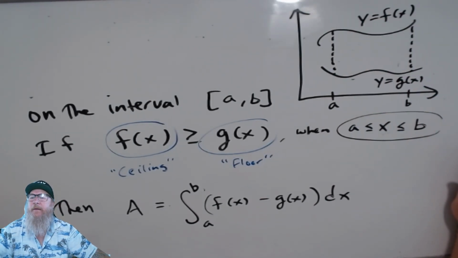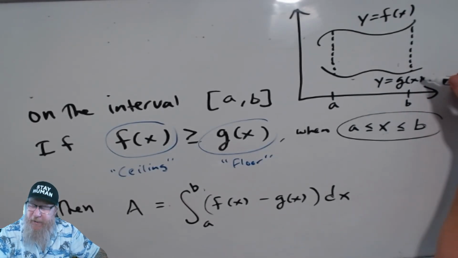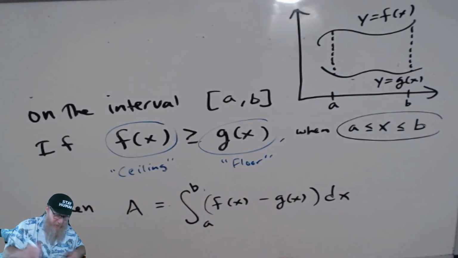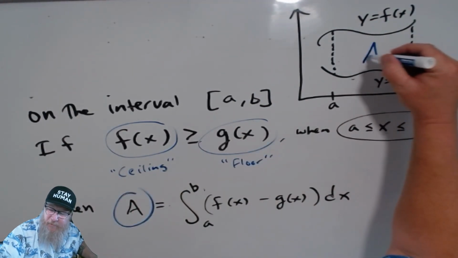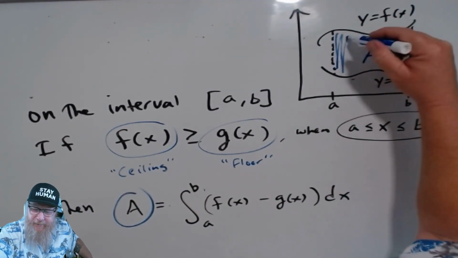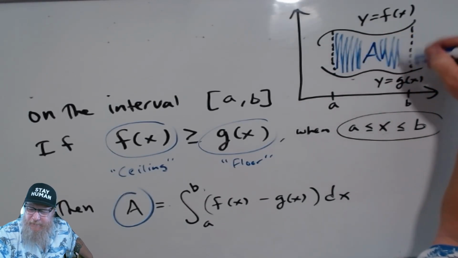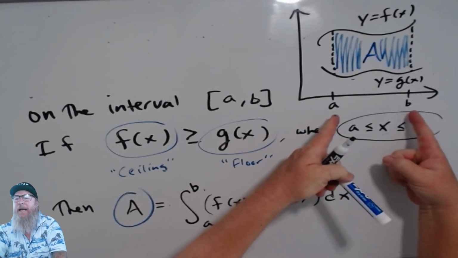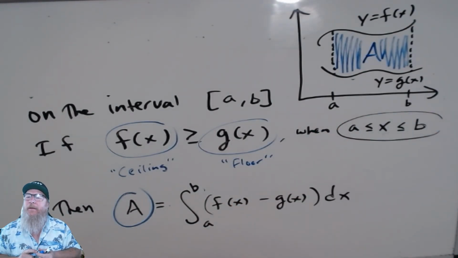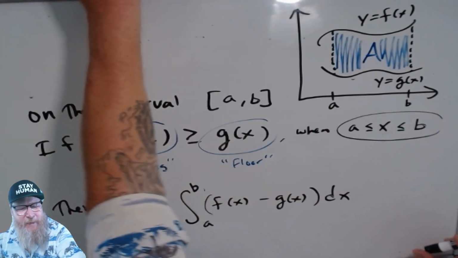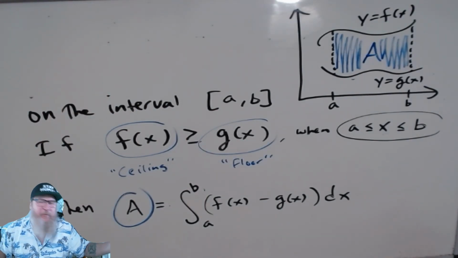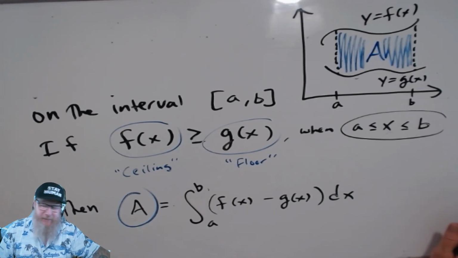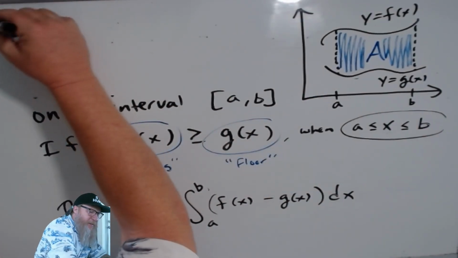So as long as g of x is below f of x, this integral will tell you the area between the curves, of course, also between a and b as well. So not too far of a stretch from what we've already been working on. So let's go ahead and see an example of this.